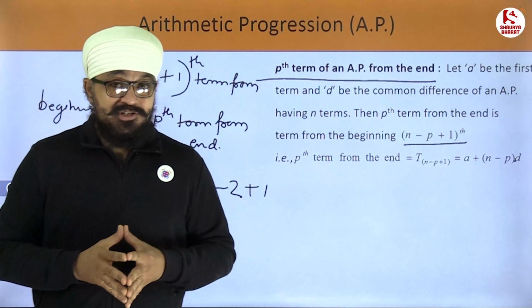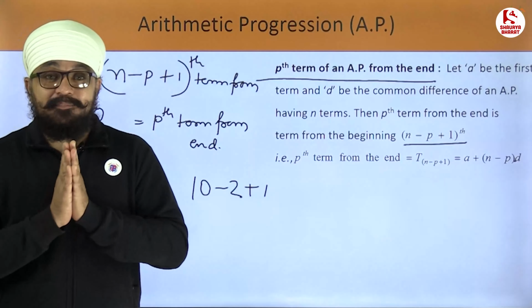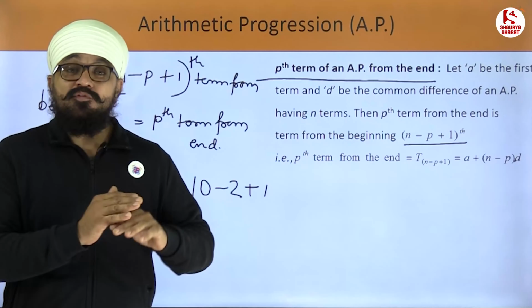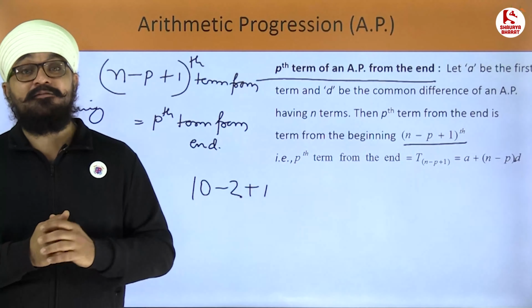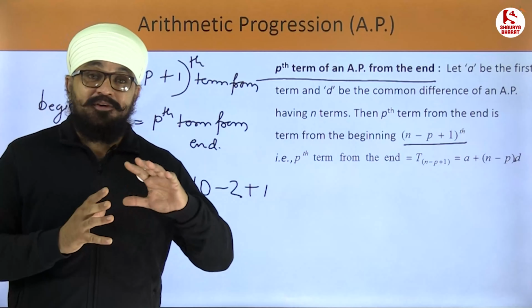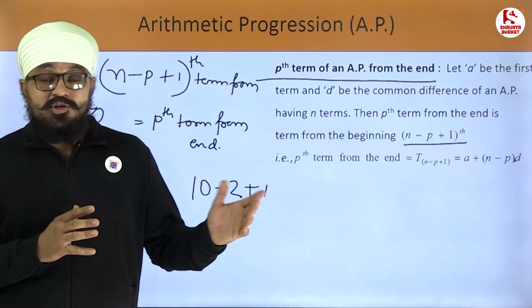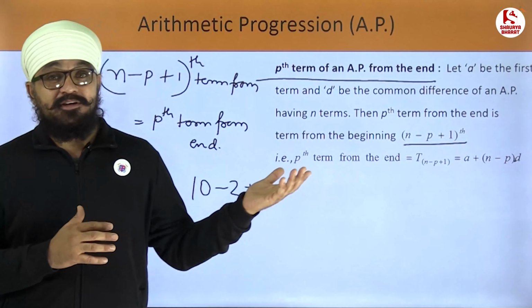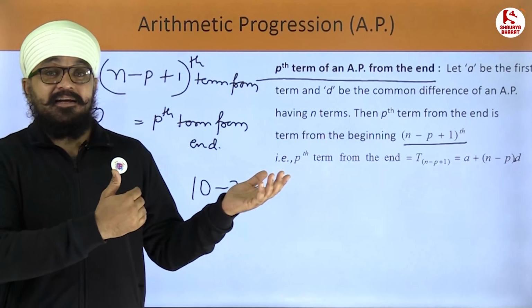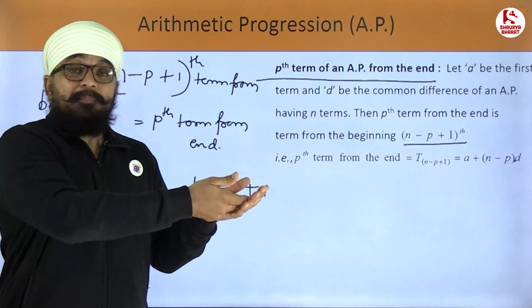Now, let me tell you, dear students, there is no need to find the position from the front. When a question comes to find the pth term from the end, it is better to go to the end term first. If I see the arithmetic progression from behind, the last term becomes the first term. The common difference will have the reverse sign.